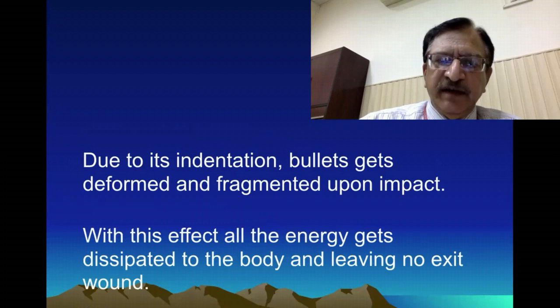And with this effect, all the energy gets dissipated to the body, leaving no exit wound. That means when it strikes the body, it is fragmented, causing multiple entry holes and extensive laceration, and they will not exit and will do enormous damage. These bullets are banned. They are not allowed in routine ammunition to be delivered.